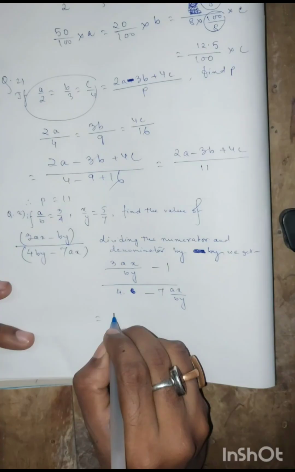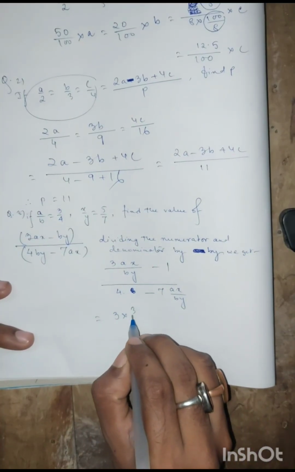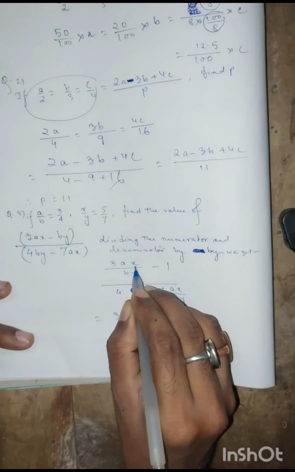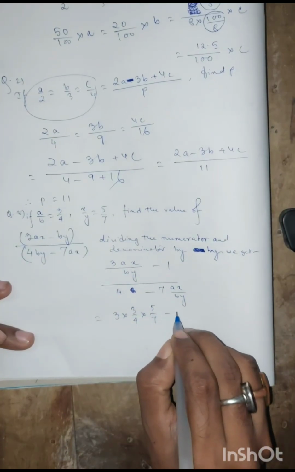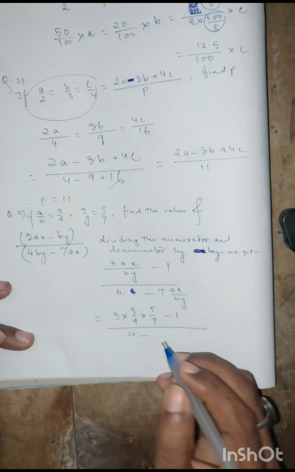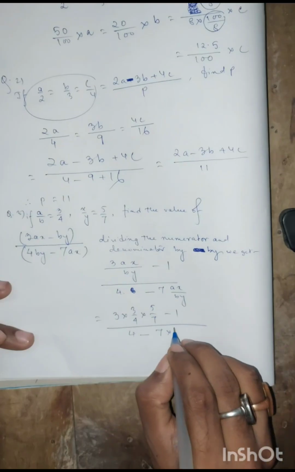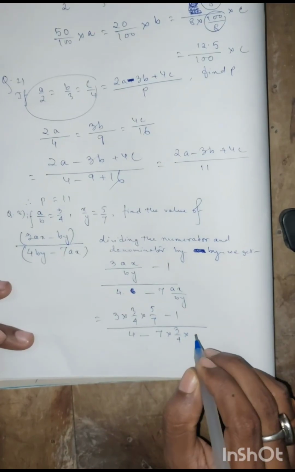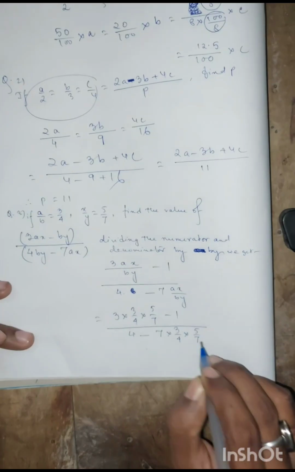So we can write 3 into, in place of a by b we can write 3 by 4. In place of x by y we can write 5 by 7 minus 1 by 4 minus 7 into a by b can be written as 3 by 4 and x by y can be written as 5 by 7.